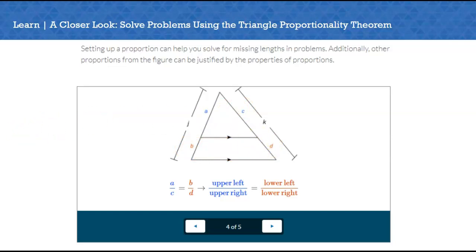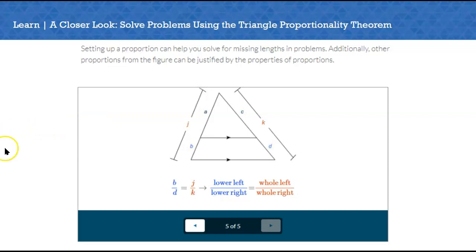It doesn't matter how you set up the proportion as long as you make sure that the corresponding sides go together with each other. So here we're using the corresponding sides of BD equal to the entire side of J over K.